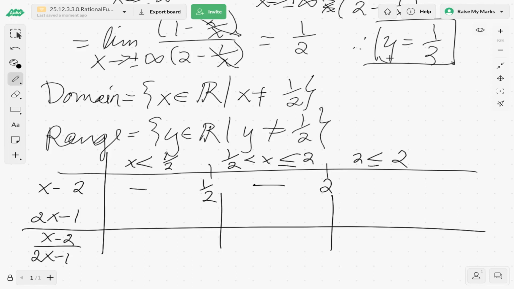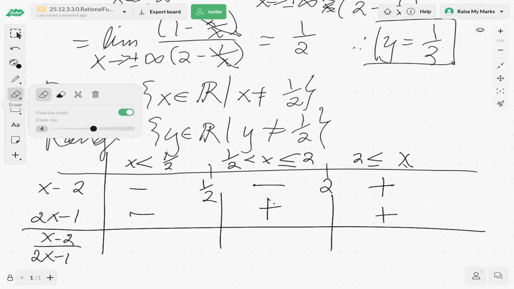Negative when x is between 1/2 and 2. Okay, that's not right. When x is greater than or equal to 2, x minus 2 is positive. So 2x minus 1 is negative when x is less than a half, positive when x is between 1/2 and 2, and positive when x is greater than or equal to 2.